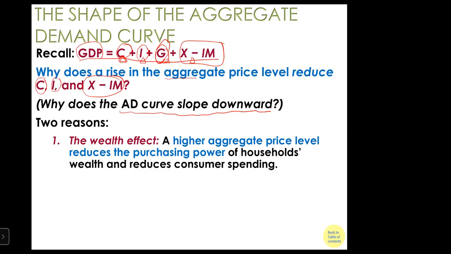Now, if the aggregate price level increases, say for example doubles, then with the same 100,000 you cannot afford to buy a modest house, because that's going to cost 200K instead of 100K. Nothing else changed, just the price. So this is a wealth effect. Higher price reduces your purchasing power.